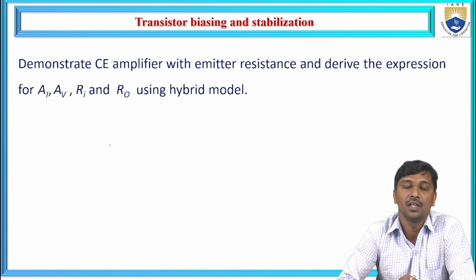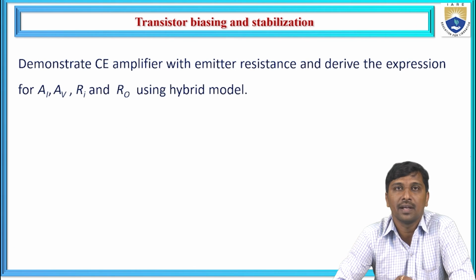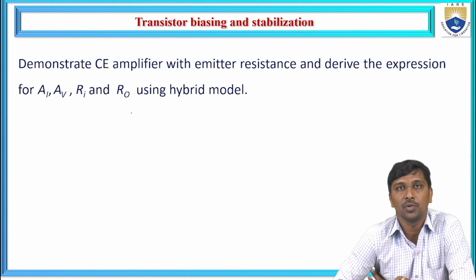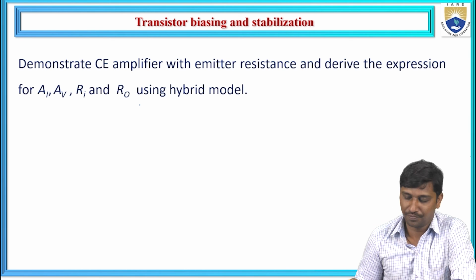For this case, you should draw the CE amplifier with emitter resistance. Then you can draw the equivalent small signal model. Then identify the mathematical expressions like current gain, voltage gain, input impedance, and output impedance. For this case, you refer to the CE amplifier with emitter resistance using the low frequency model analysis video session.